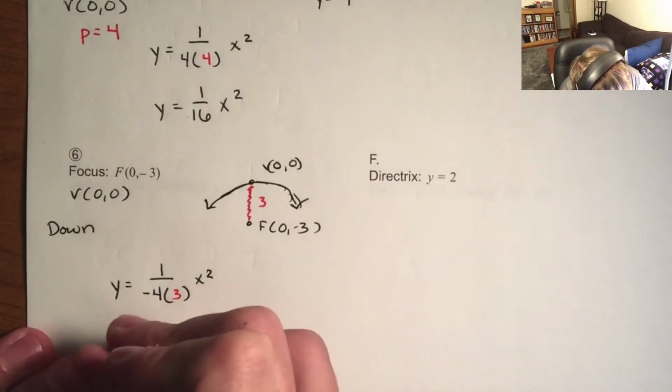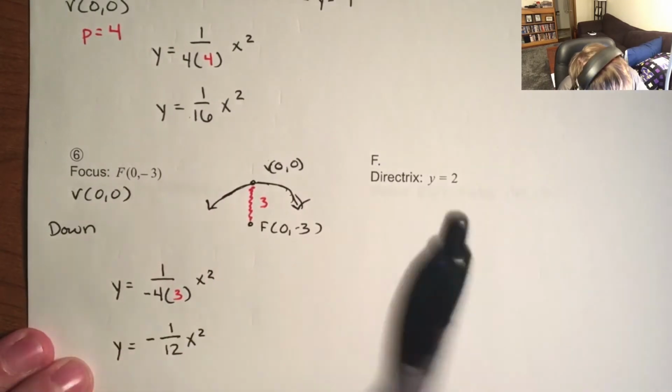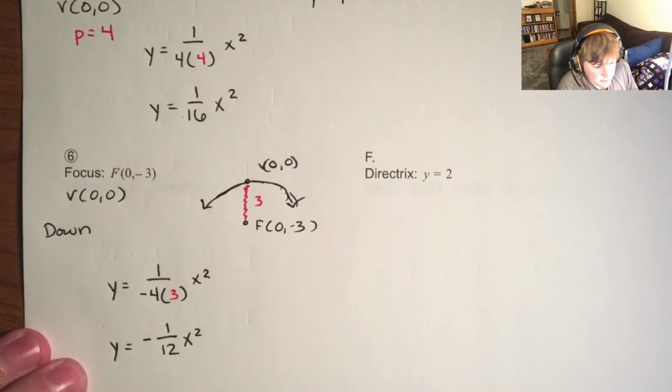So this means it's y is equal to -1/12 x squared. Basically, you just have to figure out, is it going to open up or down, and how far is that point away from the vertex, and plug in the numbers. I'm going to let you all try the next two on your own. Check it with me when you're done.